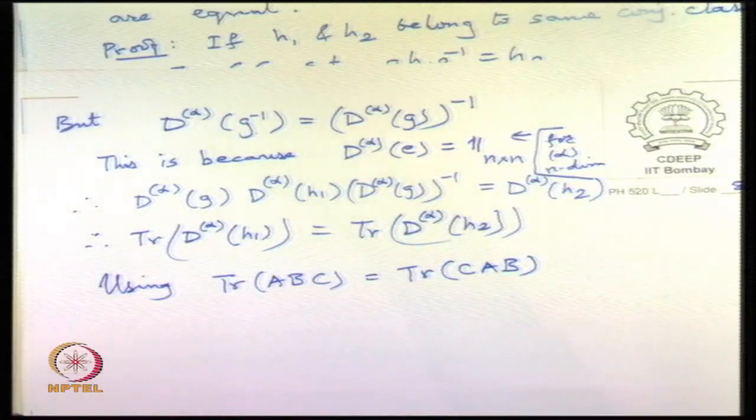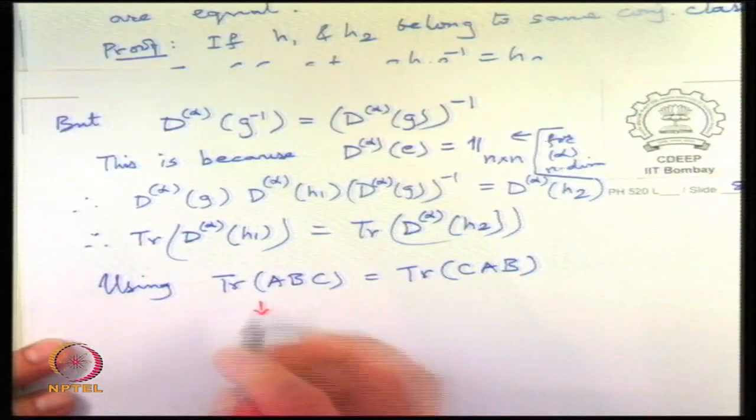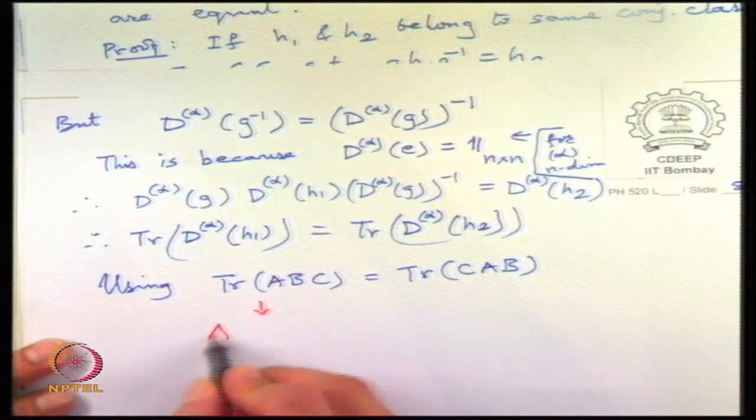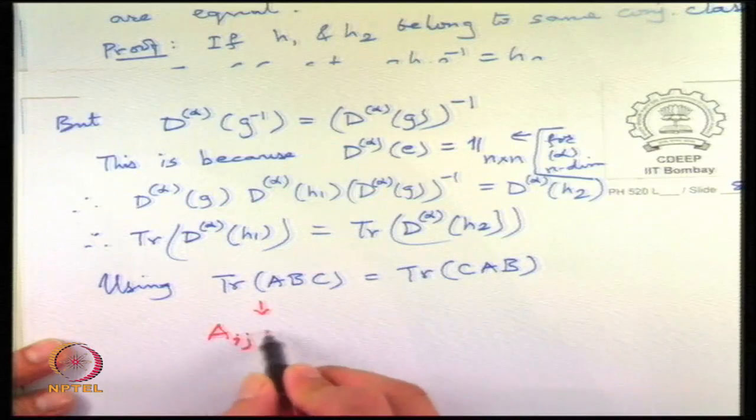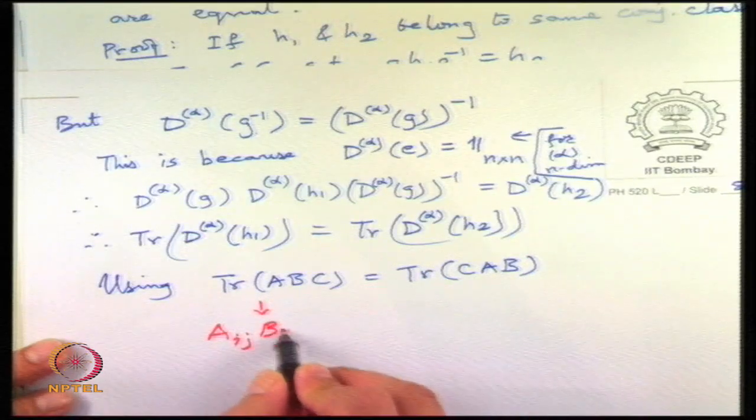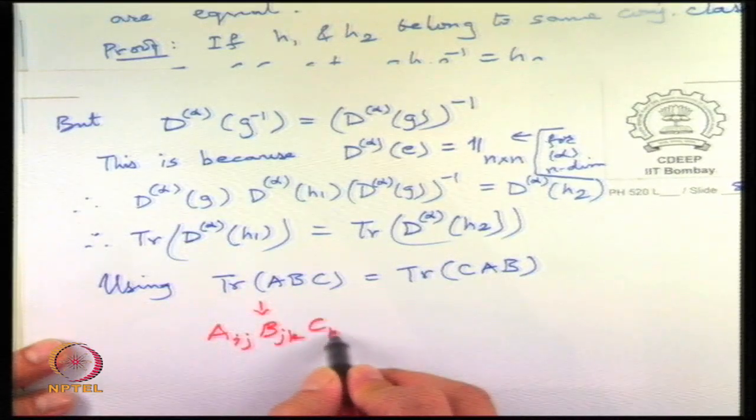Everyone knows this? Yes? No? Not sure? If not, I'll write it here. It's a one-line proof, because note that this is the same as, what is the matrix ABC? It is A_ij, B_jk and C_kl.